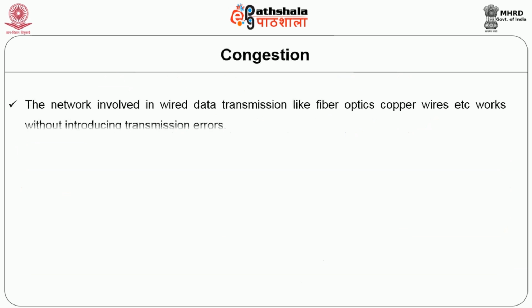TCP assumes congestion to be the main reason for the packet loss. Now what is congestion and why are there no other reasons for the packet loss? In a wired network, data transmission takes place using network adapters, fiber optics, copper wires and special hardware for the routers. Now this hardware typically works without introducing any transmission errors.